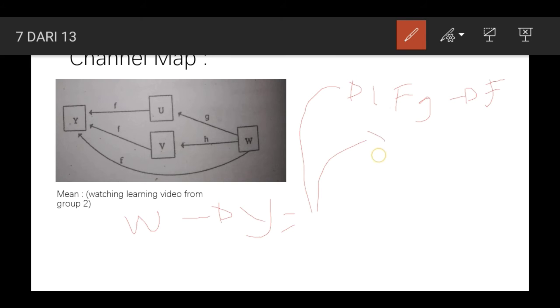Number 2, indirectly through the function h, then function f. The last, directly through the function f.